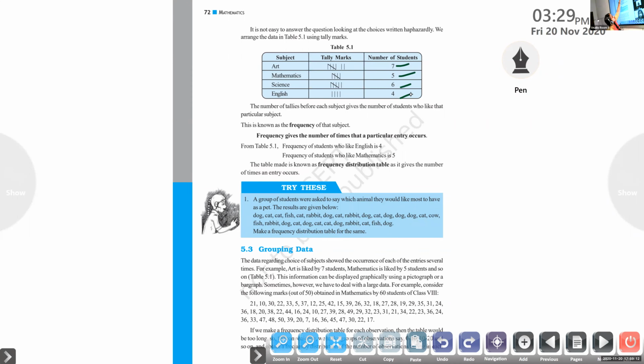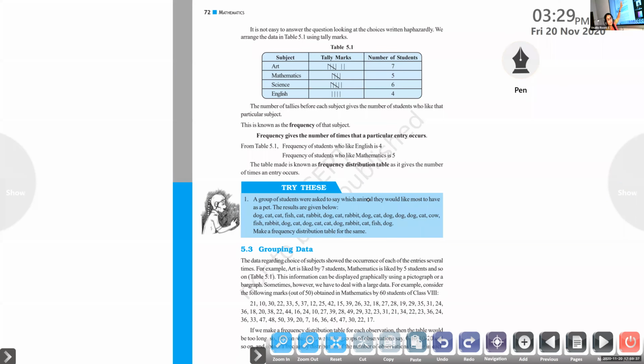This 7, 5, 6, 4 are known as the frequency of this particular item. That is, 7 is the frequency of art, which means there are 7 students who like art. 6 is the frequency of science. There are 6 students who like science.